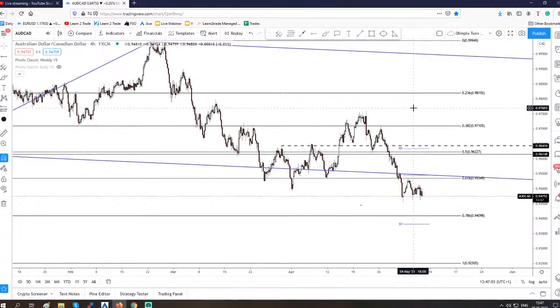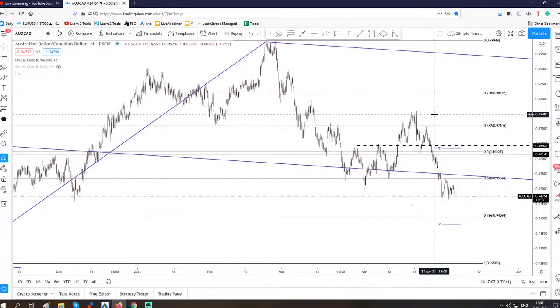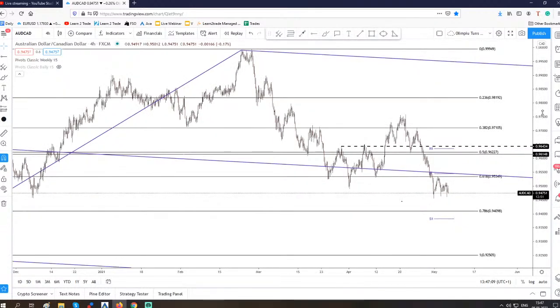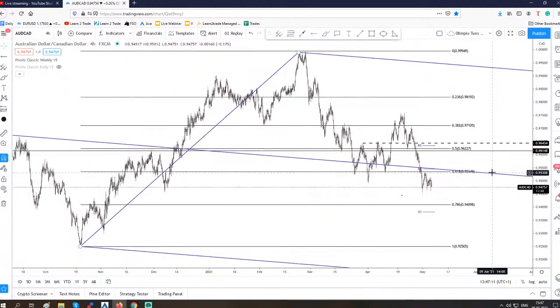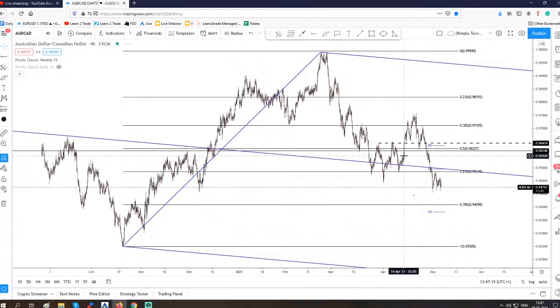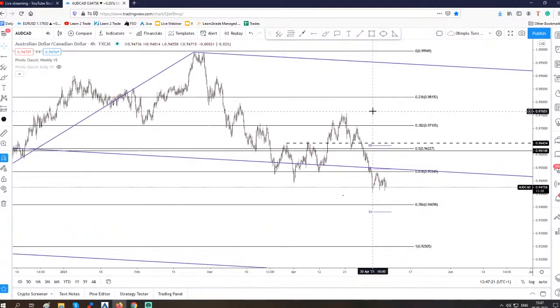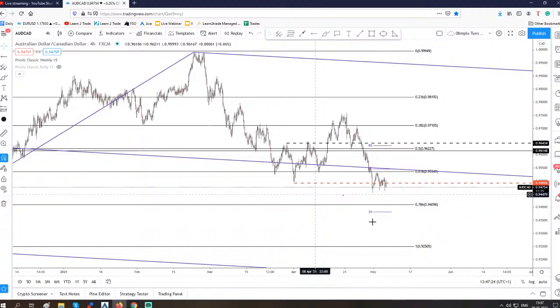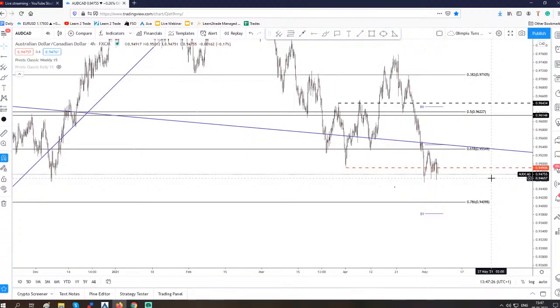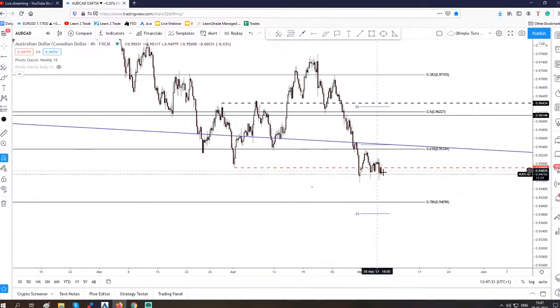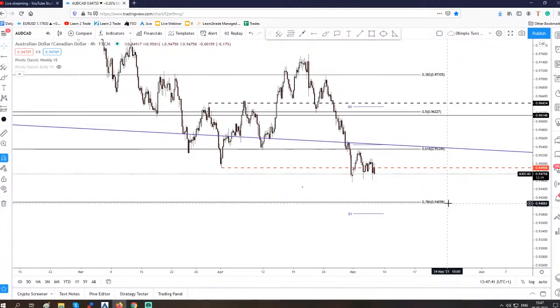Right now we don't have a signal here, a trade setup. The price has dropped right below 61.8, signaling that we may have a continuation here. So this pair could continue to drop if it stabilizes right below this former low, guys, below 0.9490. Right now the price tries to stabilize right below this former low to be able to continue its drop. So the bias is bearish here on the Australian dollar versus the Canadian dollar.